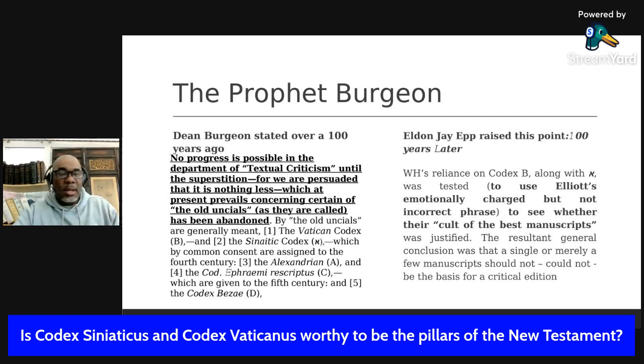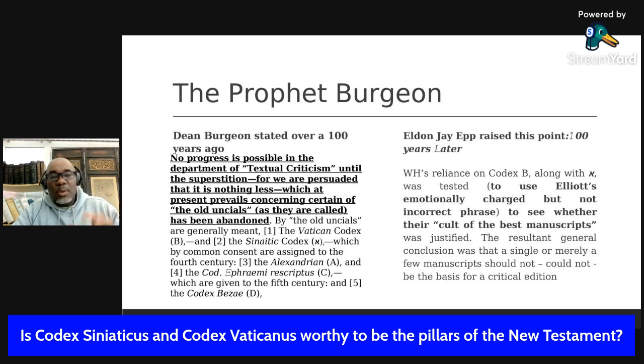So he stated over 100 years ago, in the 19th century, no progress is possible in the department of textual criticism until the superstition, for we are persuaded that is nothing less, which at present prevails concerning certain of the old uncials, as they are called, has been abandoned. So he's saying textual criticism will never progress until you drop this superstition, this elevation especially of Codex Vaticanus and Codex Sinaiticus, which by common sense are from the 4th century.